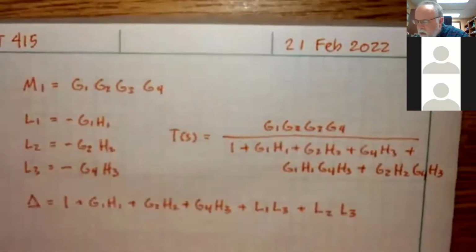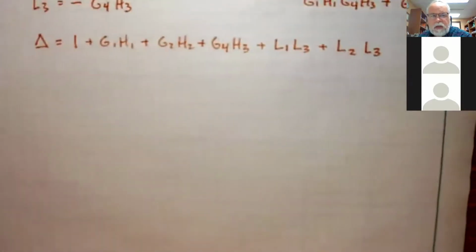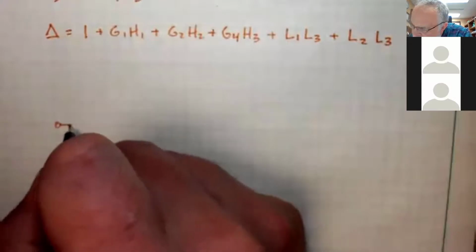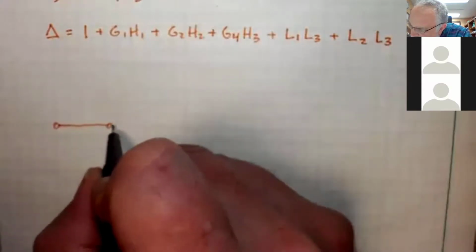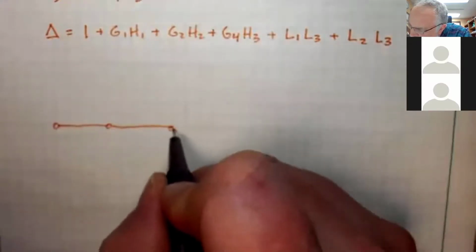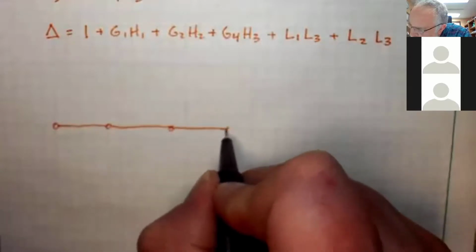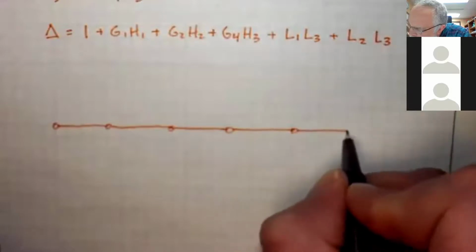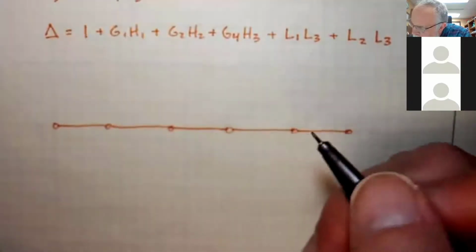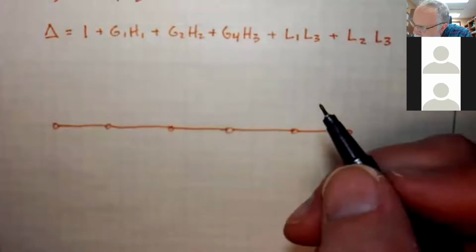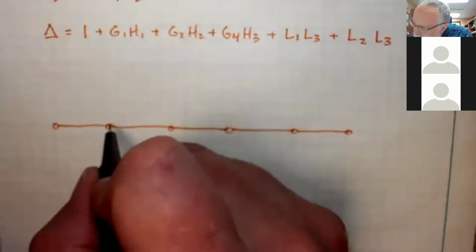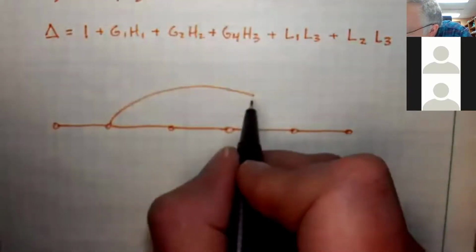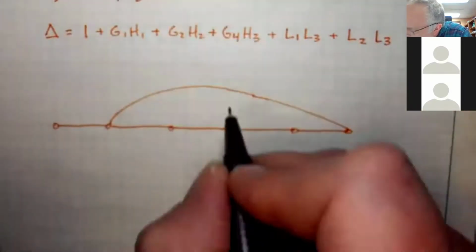Okay, let's do one last one. Instead of using G's and H's, I'm going to put in actual transfer functions. And I'll make another path going forward like this.